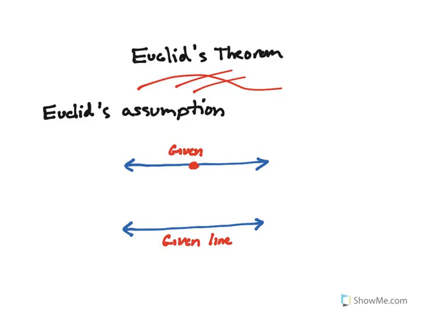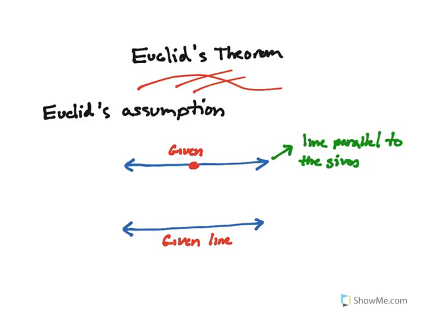And Euclid's assumption means that this line right here, the one that wasn't given, is going to be parallel to the given line, which is at the bottom. Whoops, I slipped again.